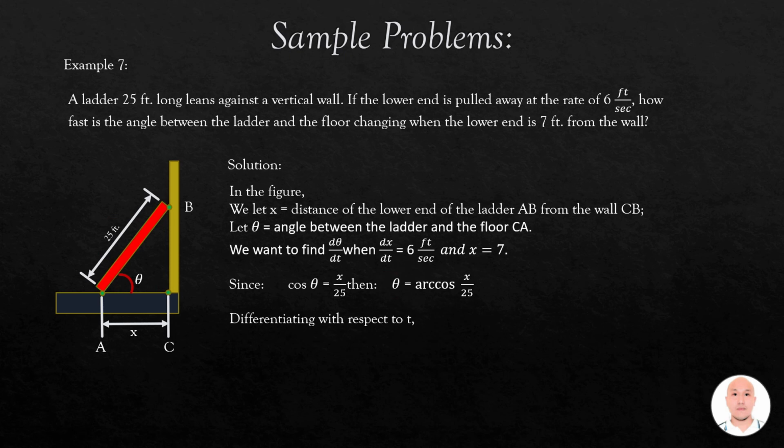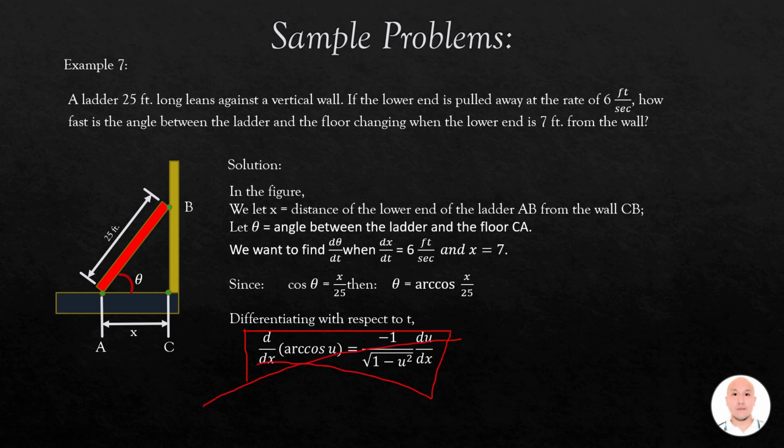So differentiating with respect to time, d over dx arc cosine u equals negative 1 over the square root of 1 minus u squared times du over dx. So we use the formula for arc cosine form. Then d theta over dt is equal to negative 1 over the square root of 1 minus x squared over 625.